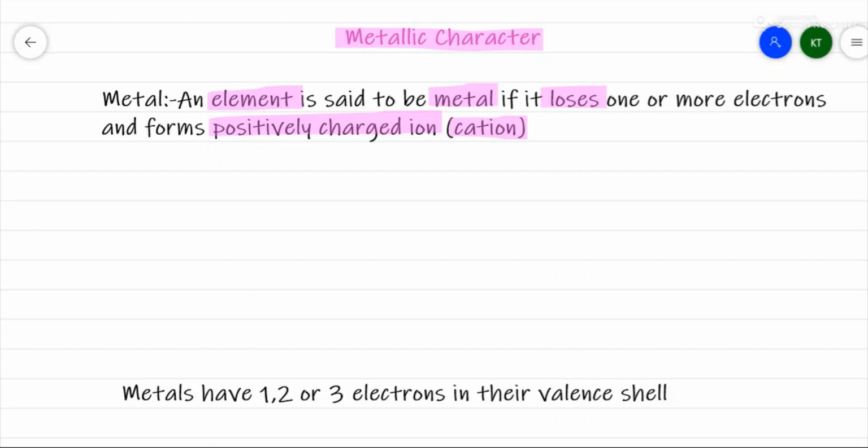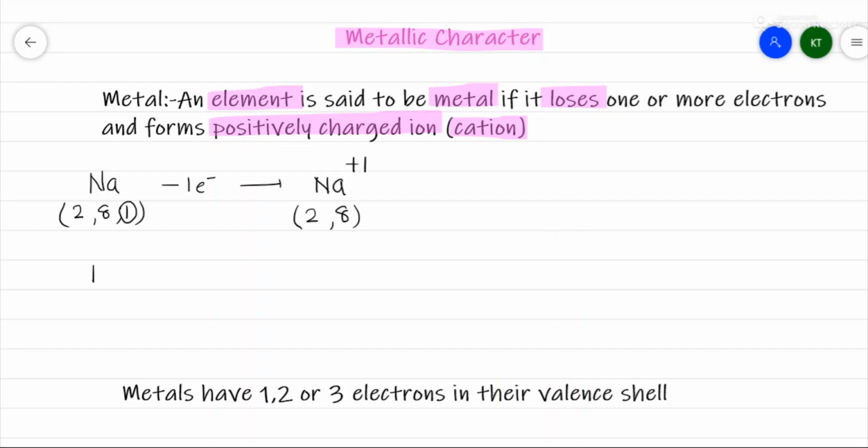So let us see a few examples of metals. Like I have sodium, atomic number 11, electronic configuration 2, 8, 1. Sodium shows a tendency to lose this one electron from its valence shell and gets converted into positively charged sodium ion and attains the electronic configuration of the nearest noble gas, that's neon.